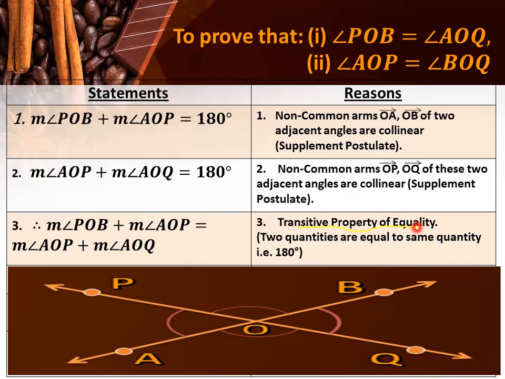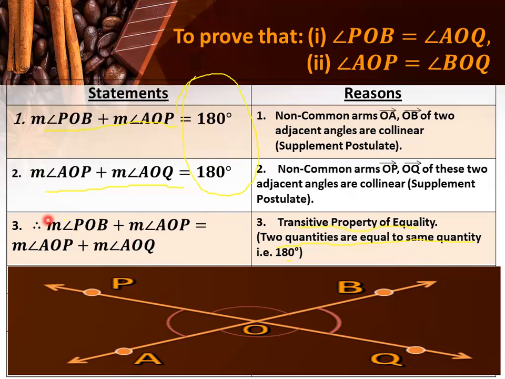What does this transitive property of equality tell you? That two quantities are equal to the same quantity, that is 180 degrees. This is your quantity number 1 and this is your quantity number 2. Both of them are equal to 180 degrees. So you will say that these two angles are the same.